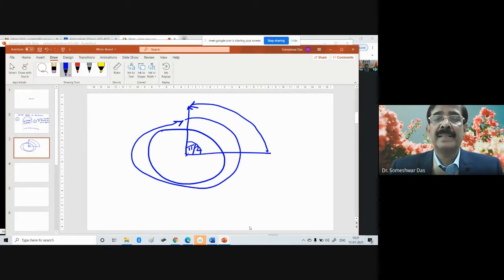And this angle is 2 pi, the entire 360 degrees, in all directions.